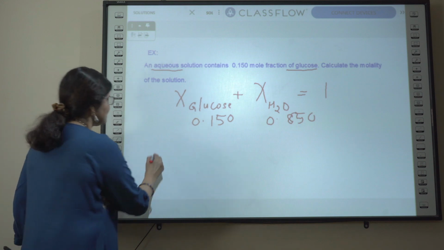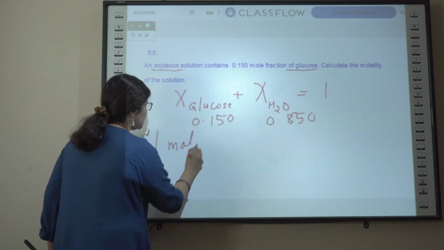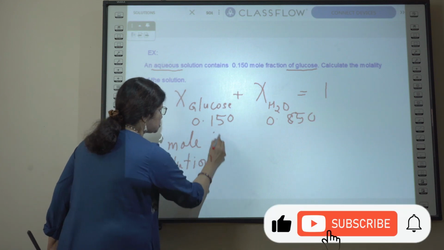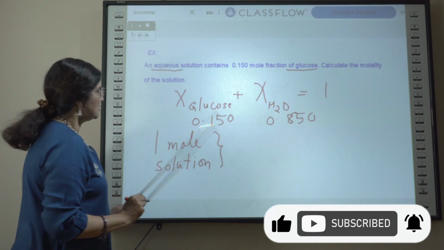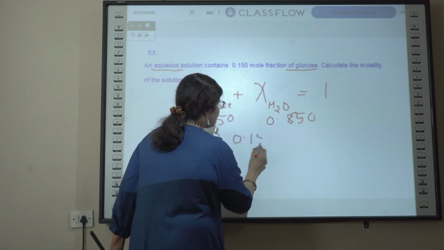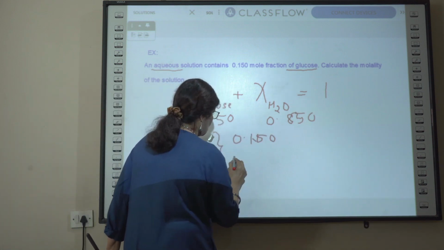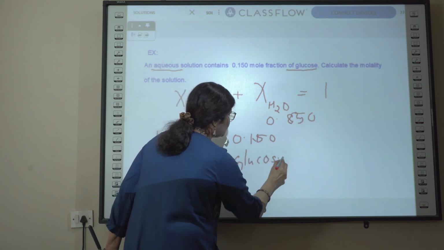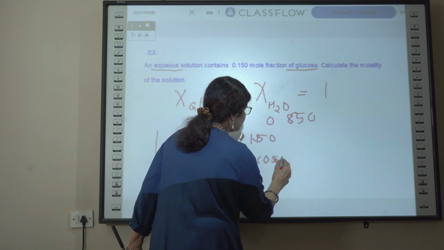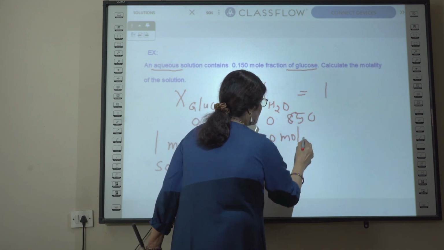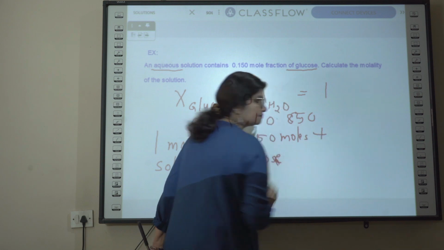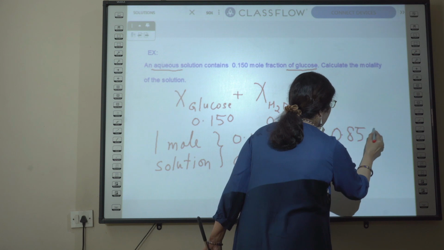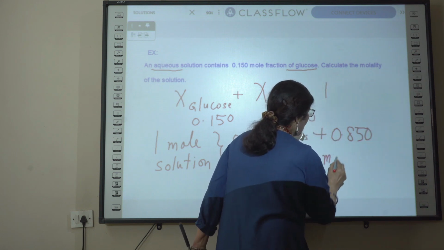So what does this imply? This implies that 1 mole of the solution contains 0.150 moles of glucose plus 0.850 moles of water.